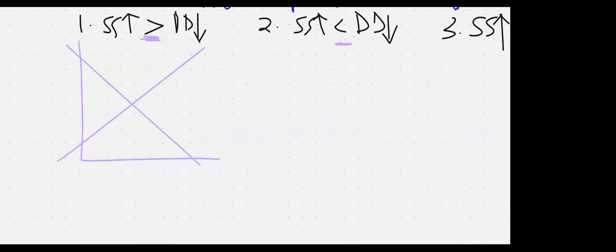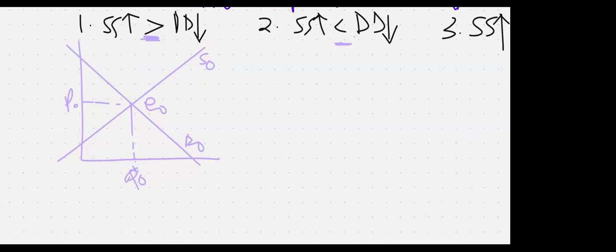So supply S0, demand D0, equilibrium E0. Okay, so Q0 here, P0 there.